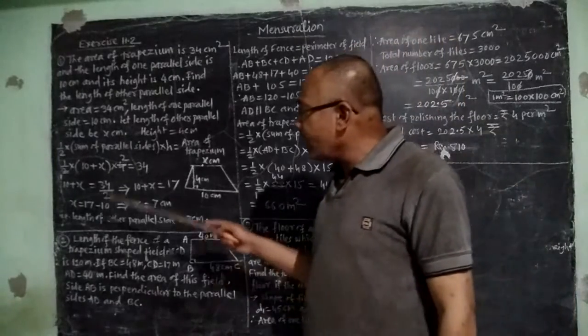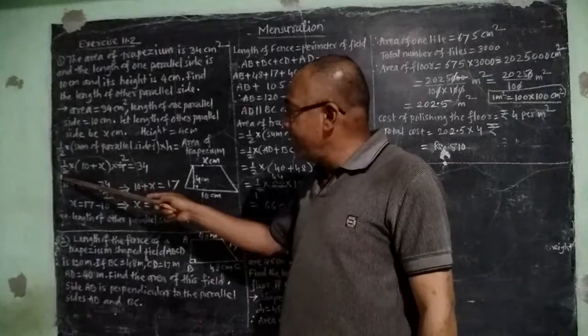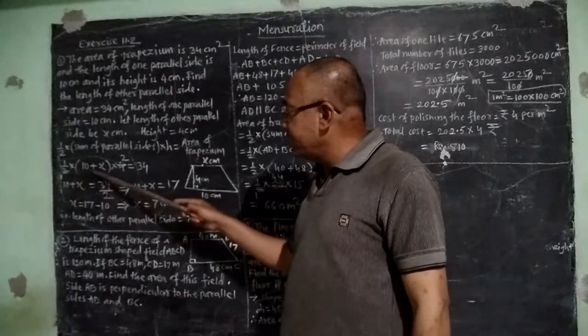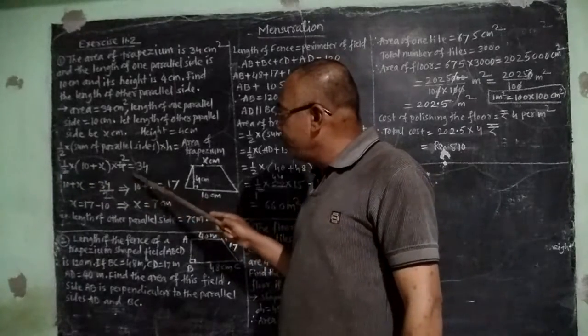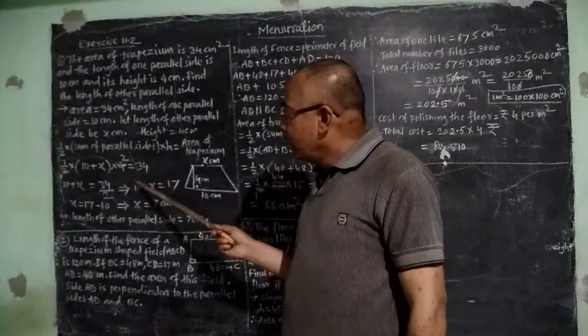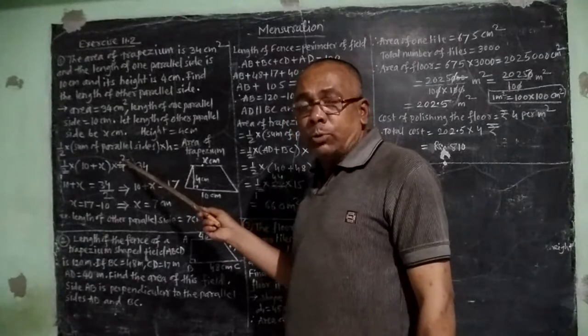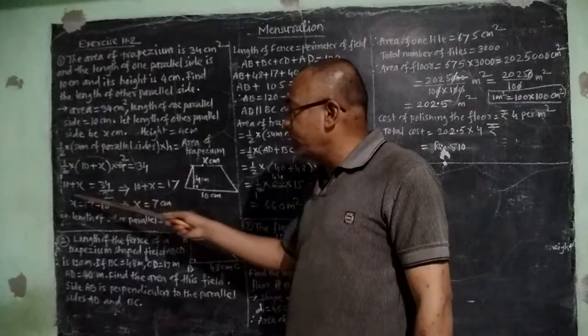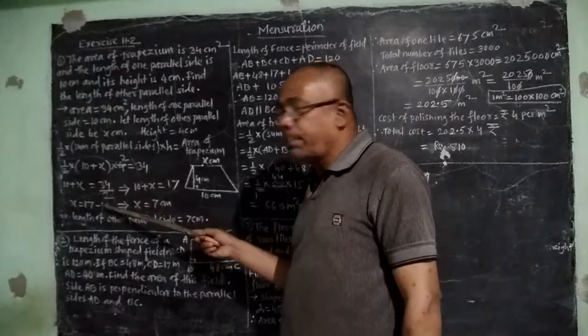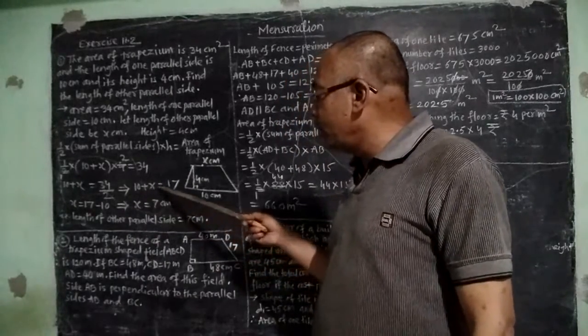Now dividing 4 by 2, we will get (10 plus x) into 2 is equal to 34. Now if we transpose 2, it will divide 34. So 10 plus x is equal to 34 upon 2, which implies 10 plus x is equal to 17.